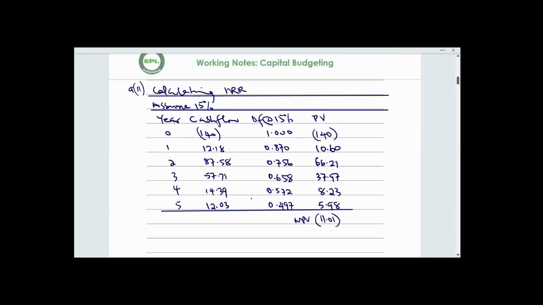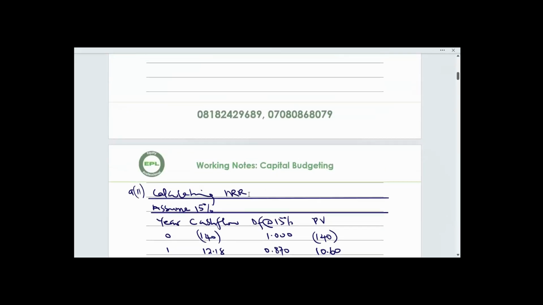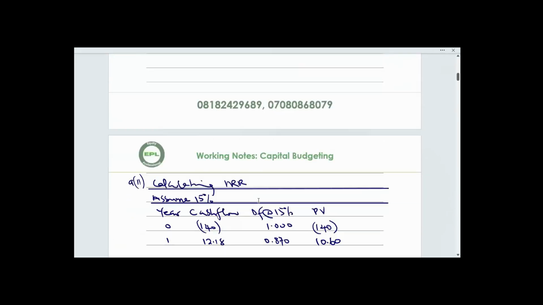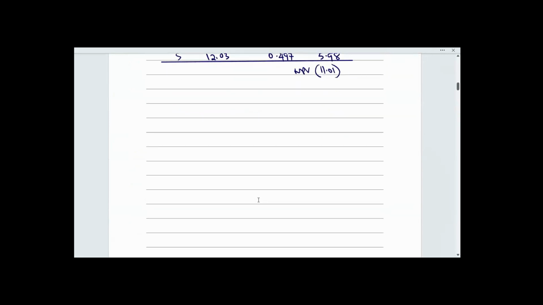So since 15% produces a negative NPV of 11.01, and 11% produced 0.88, we then use this to calculate our internal rate of return. IRR equals the lower discount rate plus the NPV of the lower discount rate divided by the NPV of the lower discount rate plus the NPV of the higher discount rate, all multiplied by the higher discount rate minus the lower discount rate.